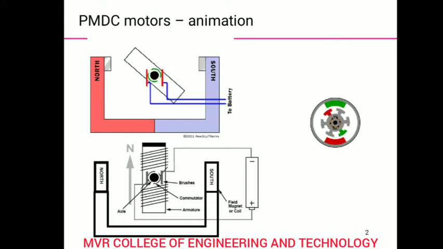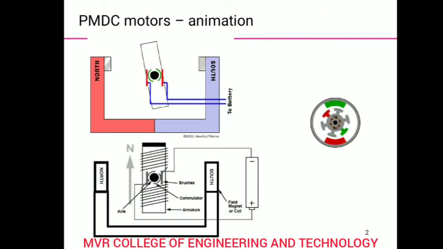These permanent magnets will give a magnetic field, and your rotor is excited by using a DC supply. Whenever a DC supply is given to the rotor by using the commutator and brush assembly, it gets excited and produces an EMF.